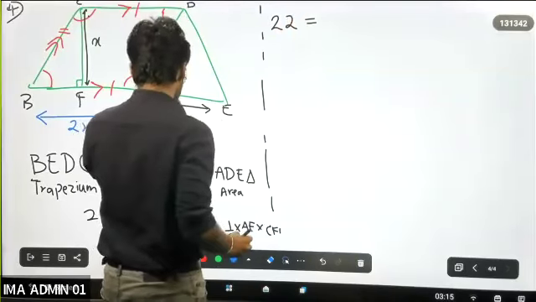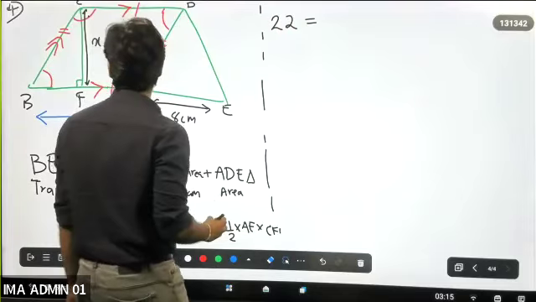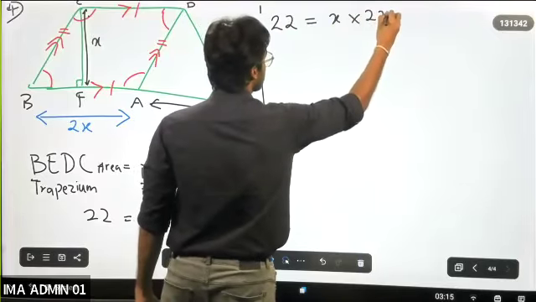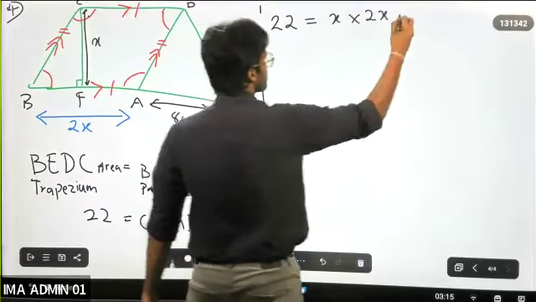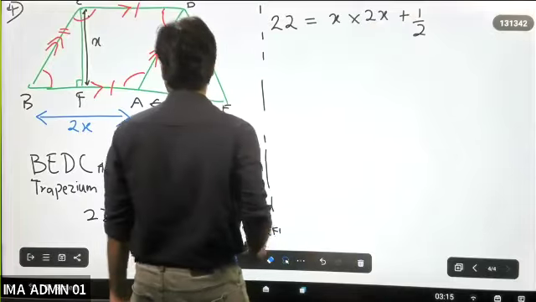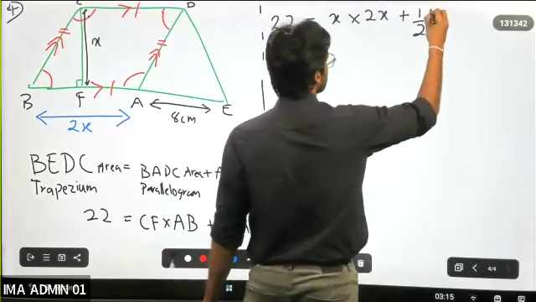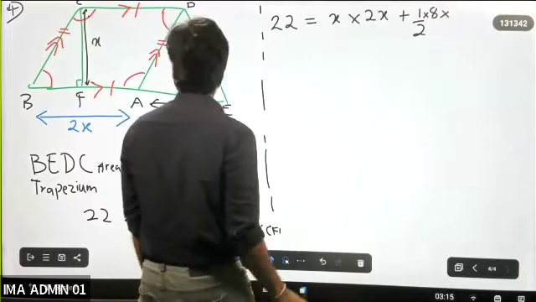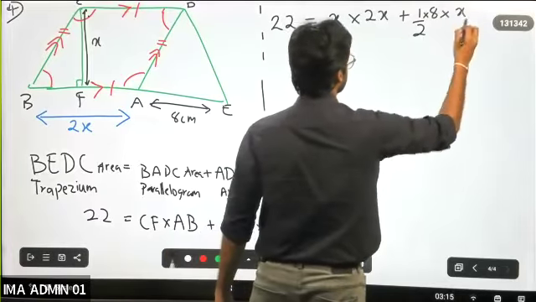And CF multiplied by AB, it's x and 2x, plus half AE, 8, multiplied by CF, which is once again an x.